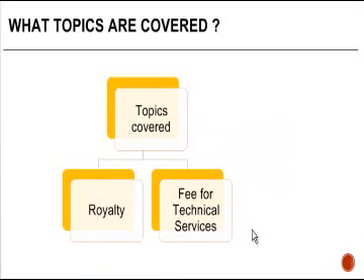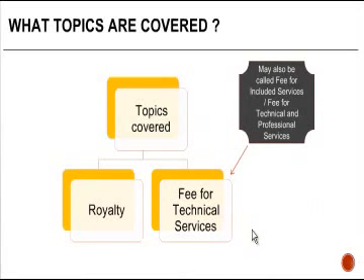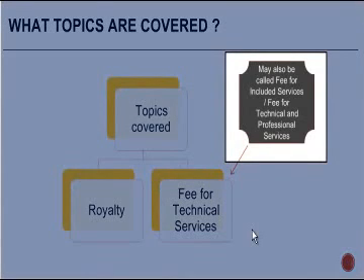This article, while in most of the treaties is known as fee for technical services, may also be called fee for included services, something like what you have in the India-US treaty. It may also be called fee for technical and professional services. In fact, in some of the treaties, it is also referred to as fee for management services. But the nomenclature of the article itself is only a guide to the interpretation of the article in a treaty.